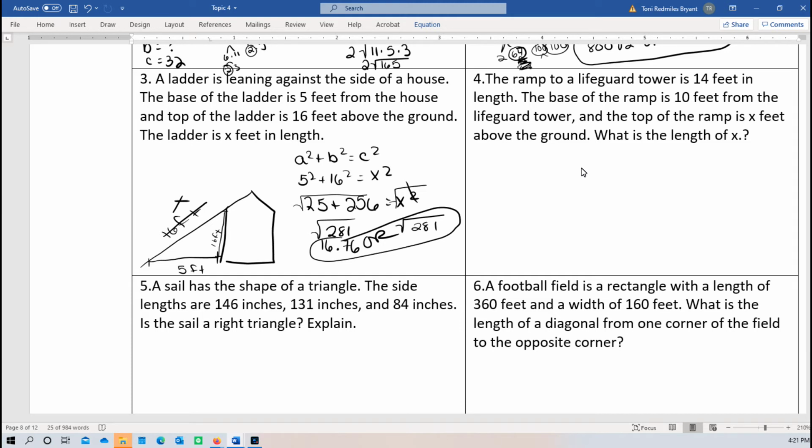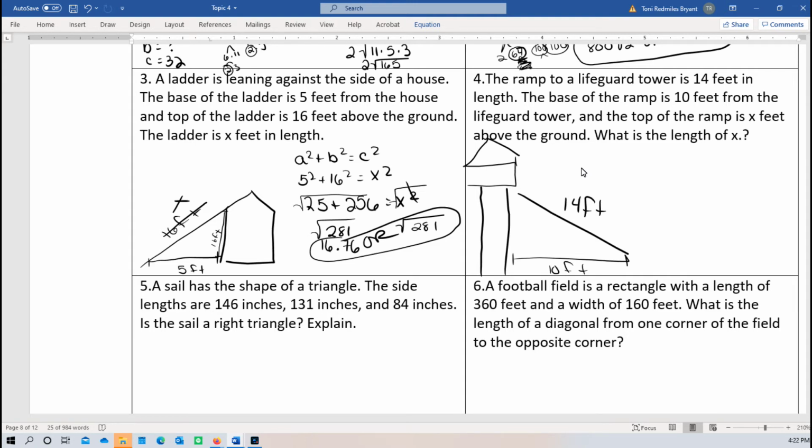All right, the ramp to a lifeguard tower is 14 feet in length. Okay. And the base of the ramp is 10 feet from the lifeguard tower. So this is 10 feet.